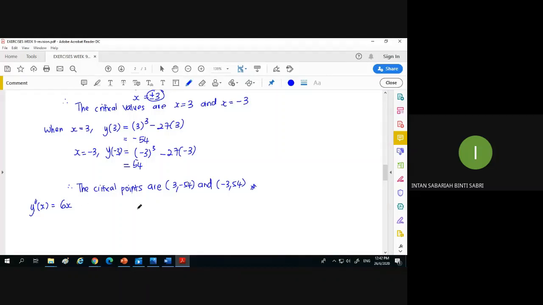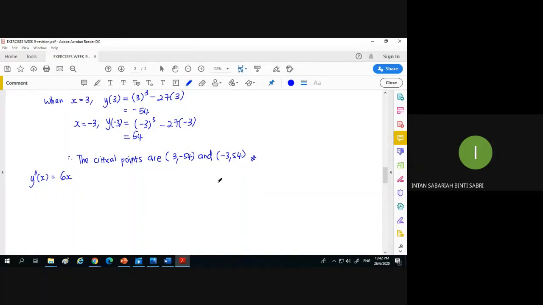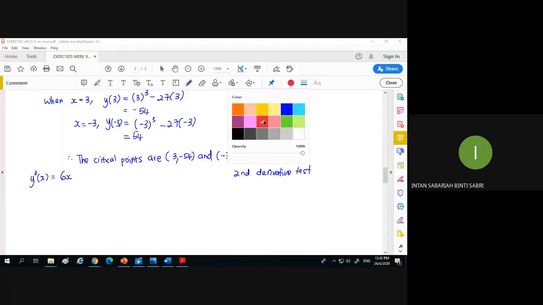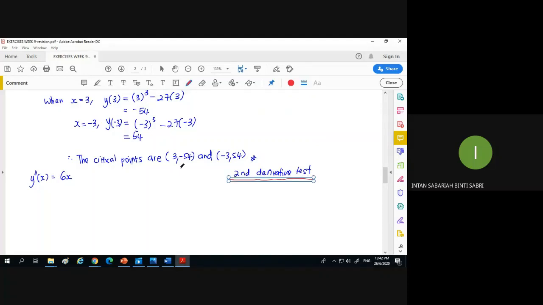Untuk second derivative test dia ada dua. Second derivative test dia macam ni.